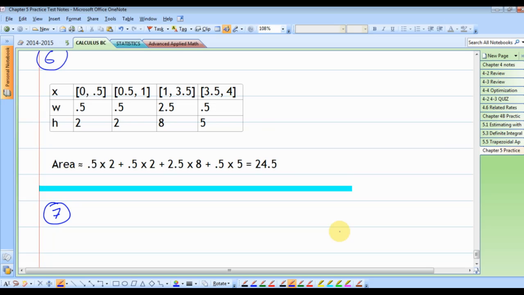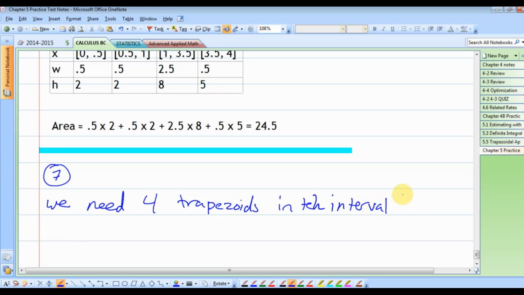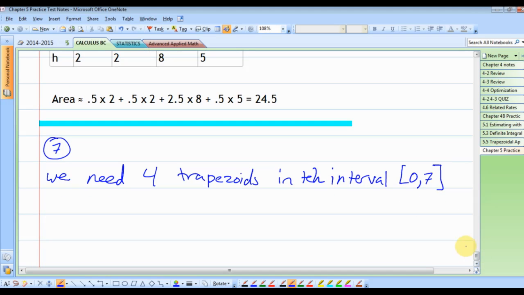Seven. Trapezoidal rule. Okay. Now this is confusing, right? Because we need to divide this into 4. We need 4 equal trapezoids. Right, so we need 4 trapezoids in the interval 0 to 7.